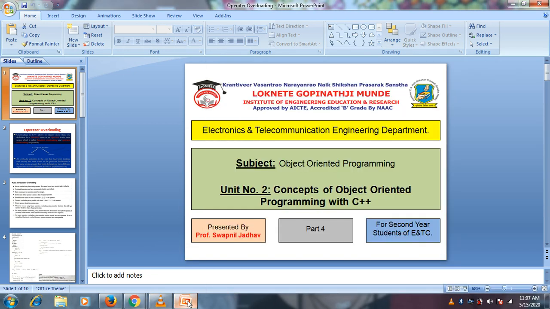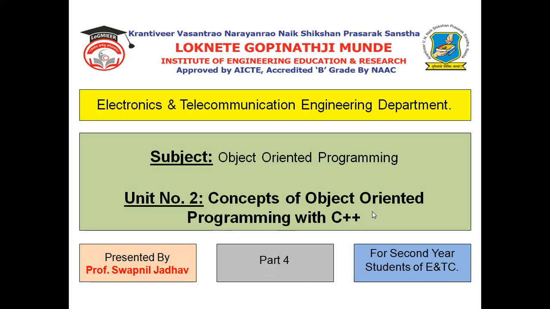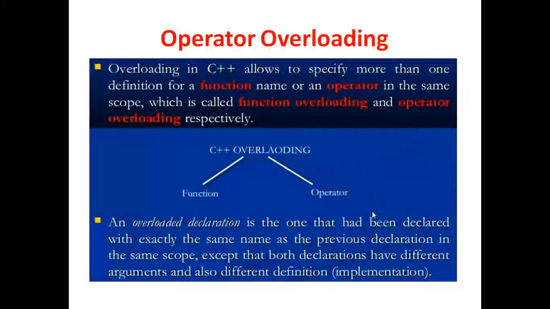Students, today we'll see unit number 2 of object-oriented programming, in which we are going to study operator overloading. Overloading in C++ allows us to specify more than one definition for a function name or an operator in the same scope, which is called function overloading and operator overloading respectively.